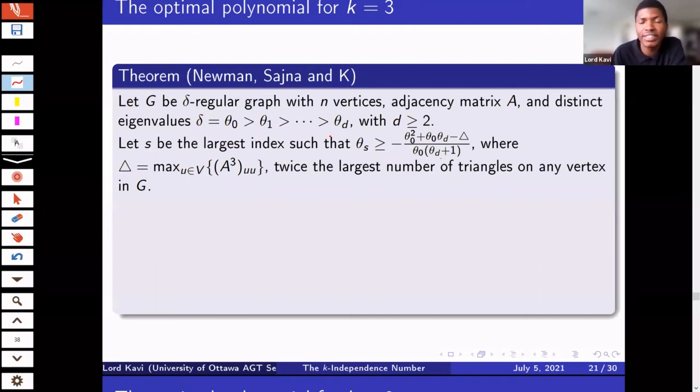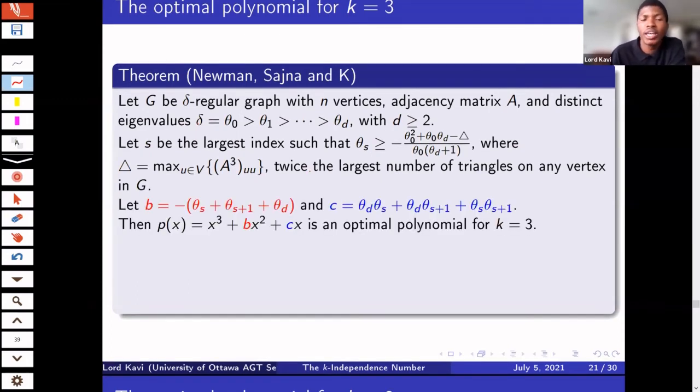Theta naught is the largest and theta d is the smallest eigenvalue. Permit me to call this delta. So this delta is actually the largest eigenvalue on the diagonal of the A cube matrix. This is precisely twice the largest number of triangles on any vertex in G.